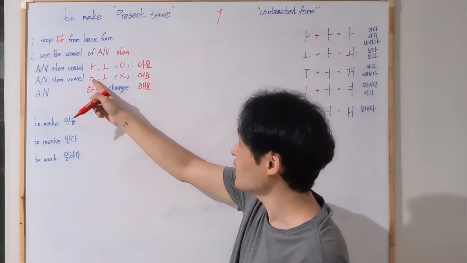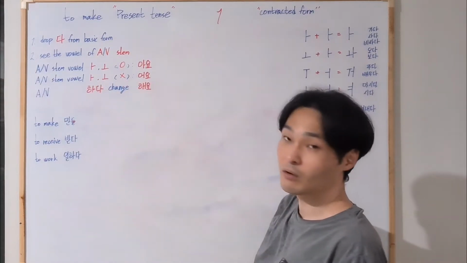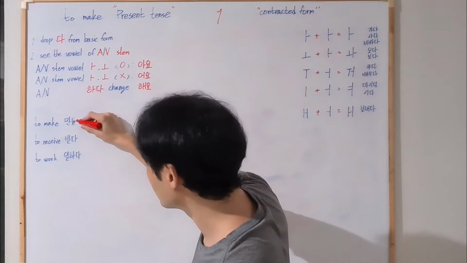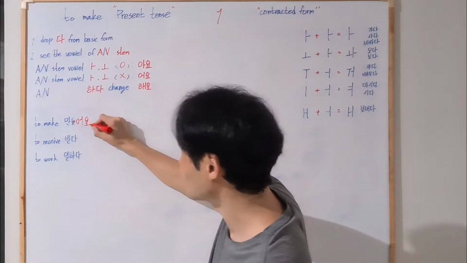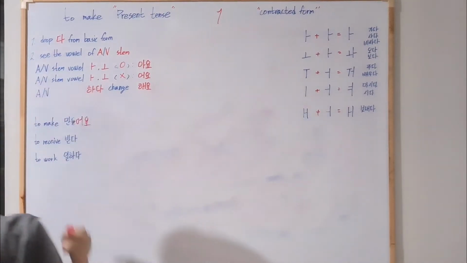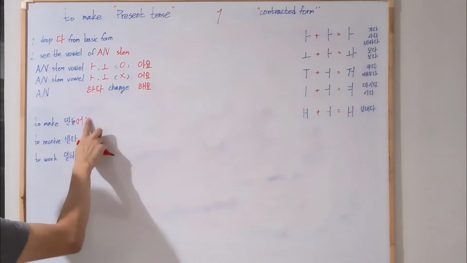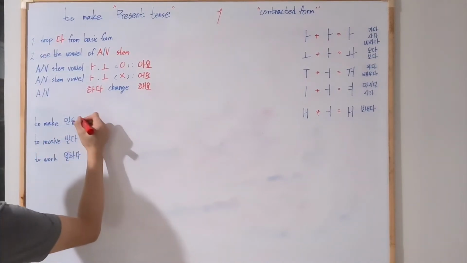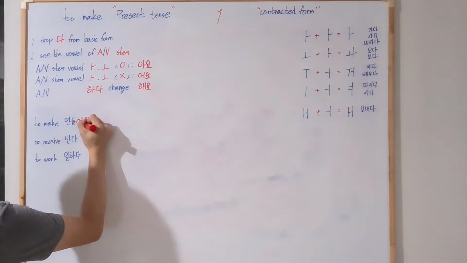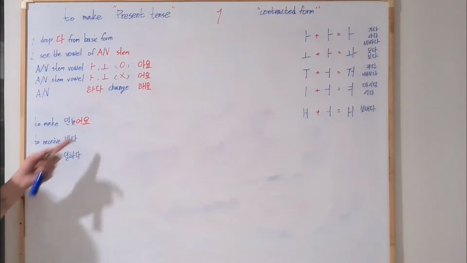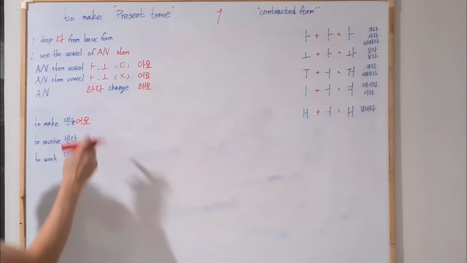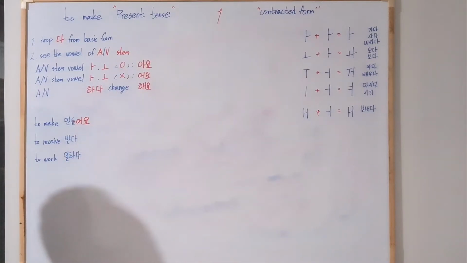So if it's not 아 or 오, we have to add 어요. So 만들어요. This is present tense. Done. No irregular, no contracted form. Done. 만들어요.